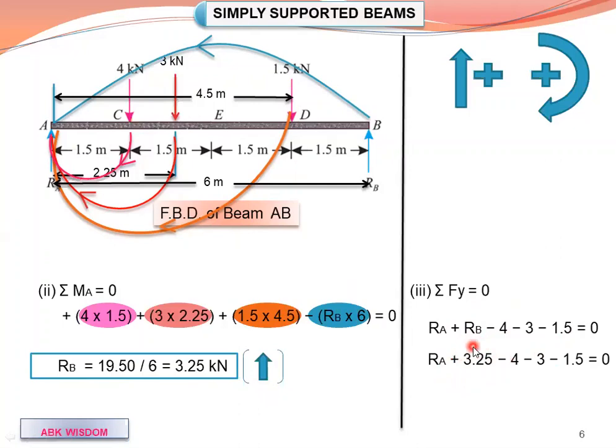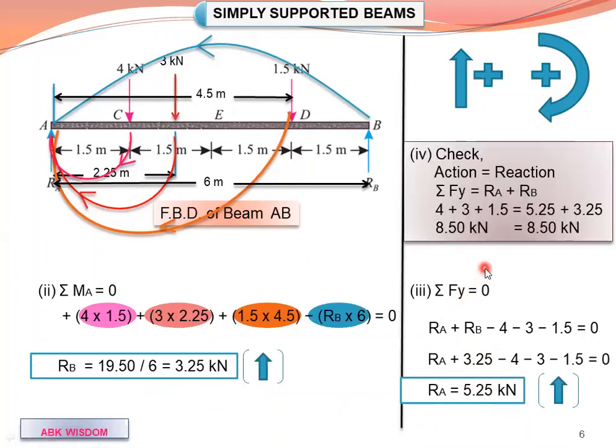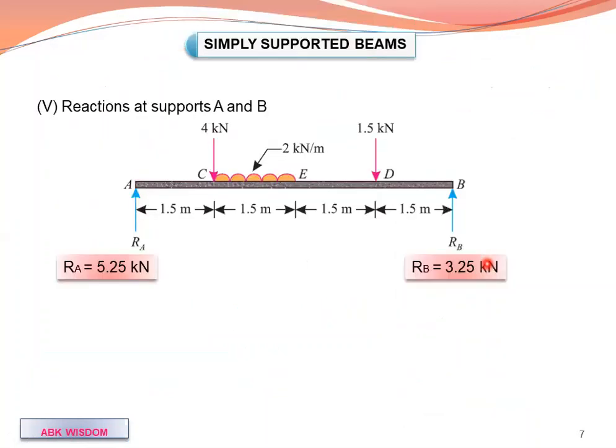Substituting the value of RB, which we already calculated, that is 3.25, in the equation, we will get the support reaction at A. Now we have found the reaction at A and the reaction at B. You can apply the check in the same manner to see whether the reactions you got are correct or wrong. So this is our support reaction for the given beam, where support A is exhibiting 5.25 kilonewton and support B is exhibiting 3.25 kilonewton.